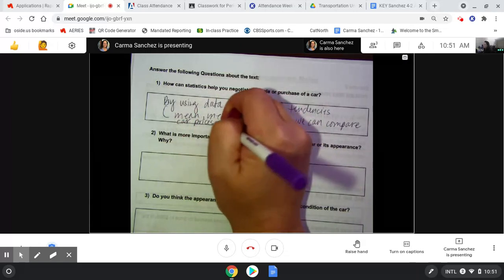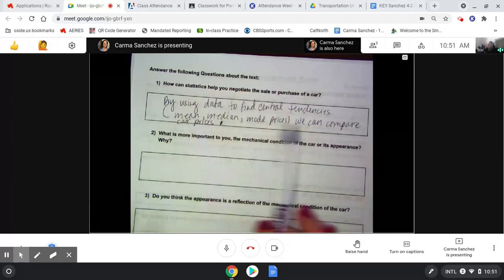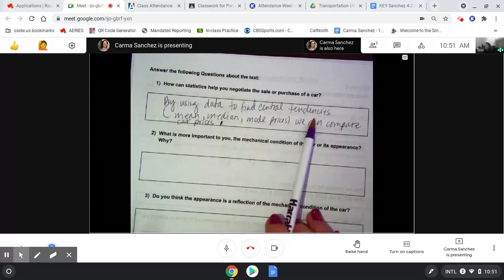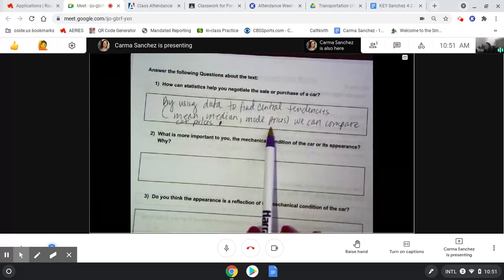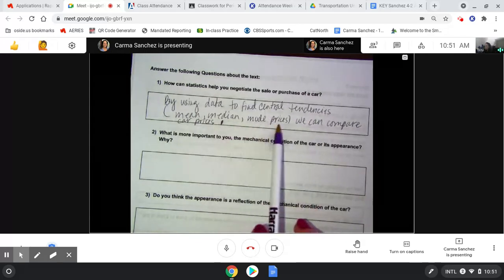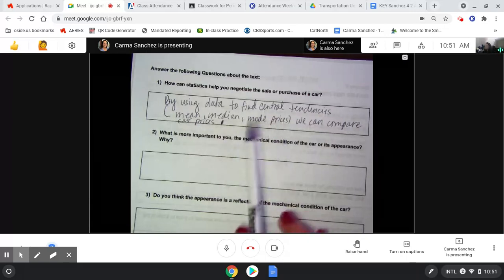Using these central tendencies, a lot of these are already done for you on the internet. You can go online and search, and the research has already been done for you. So the biggest goal is to use the research that's out there.